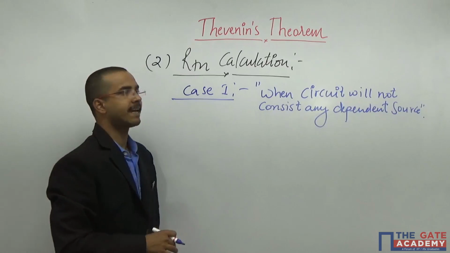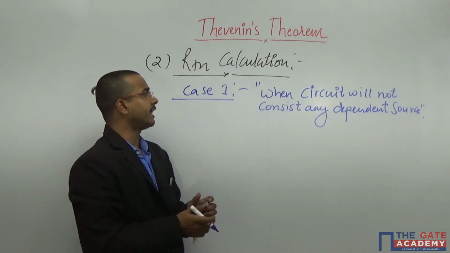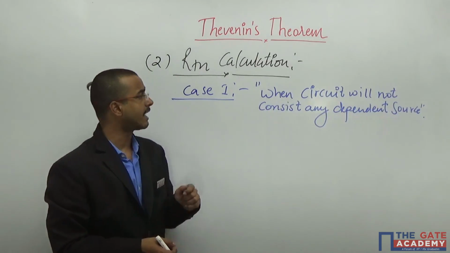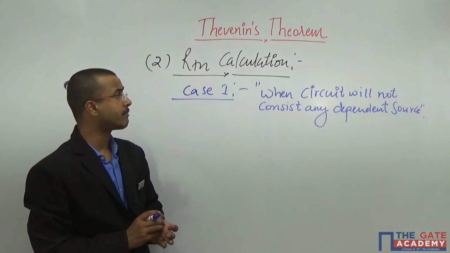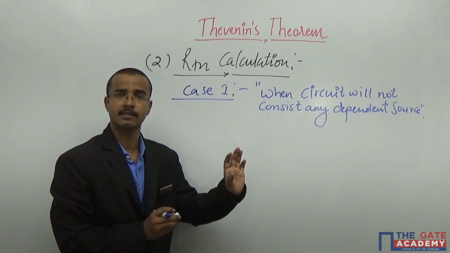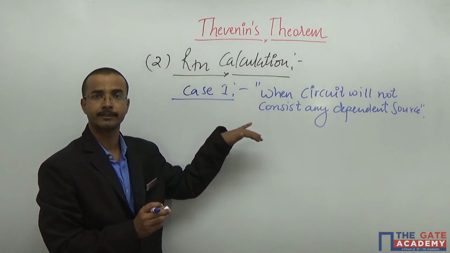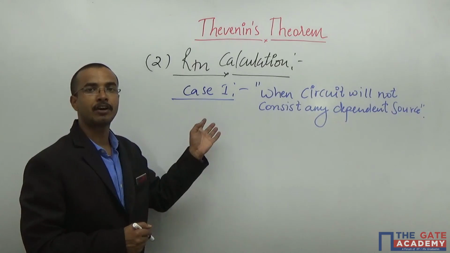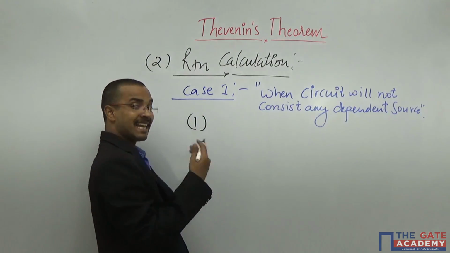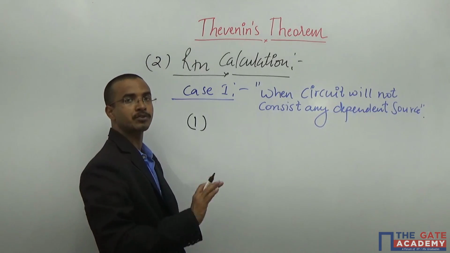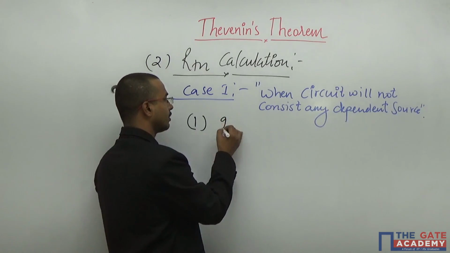That means in my first case, I will not introduce any dependent source in my circuit and I will try to calculate the RTH of that particular circuit only. That means in my circuit only independent sources and resistances are present. Now, what will be the procedure for this? Procedure number 1 is the same as my VTH calculation. The first step will be the same: identify the load.